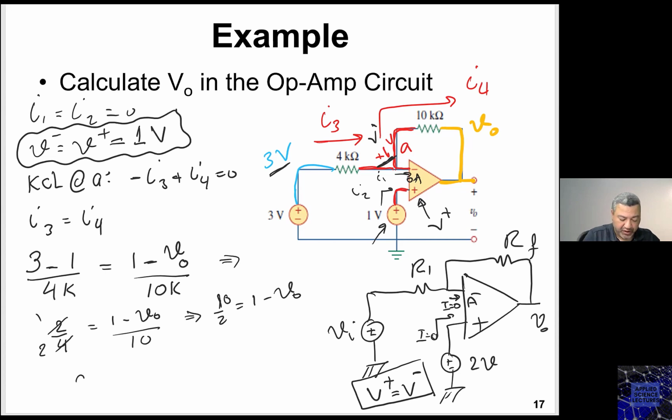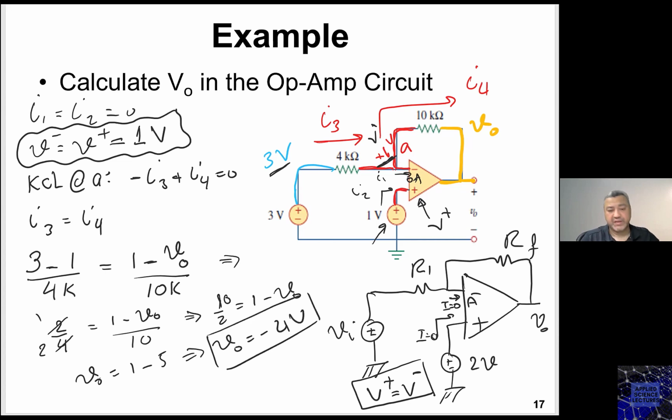Then V naught equals 1 minus 5, and V naught is minus 4 volts. Make sense? So this is how we solve this example.